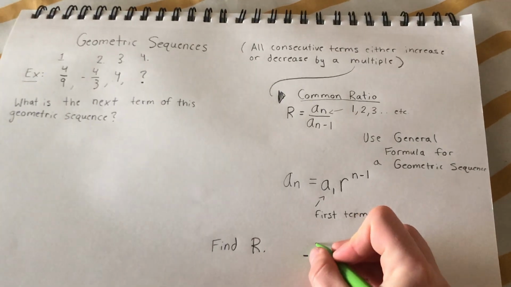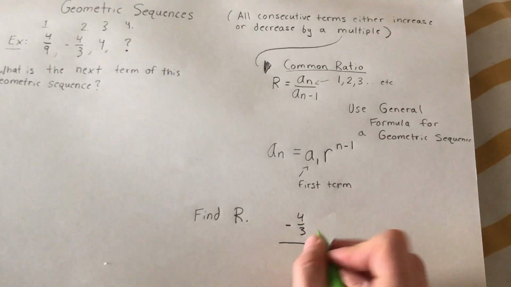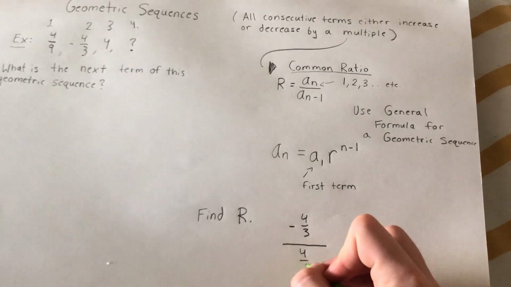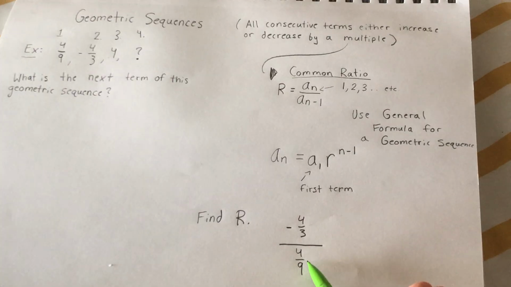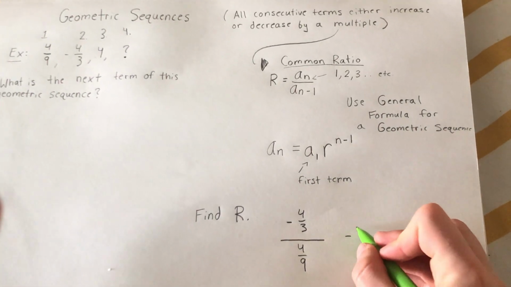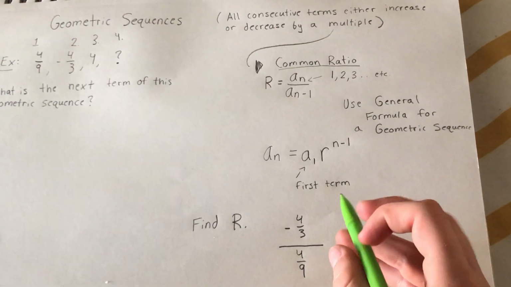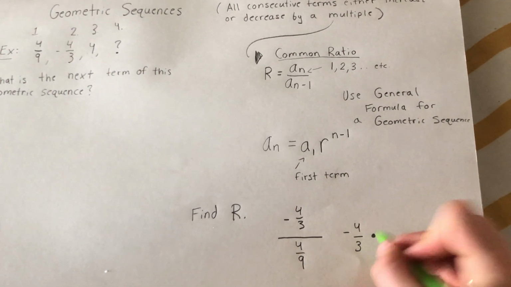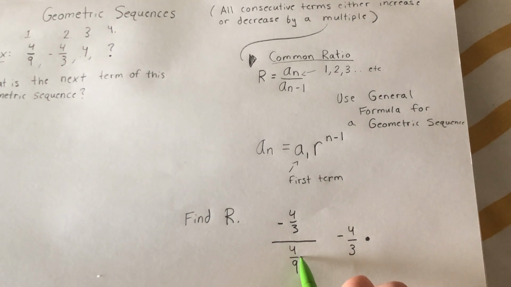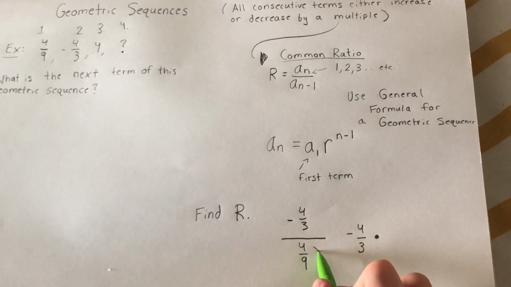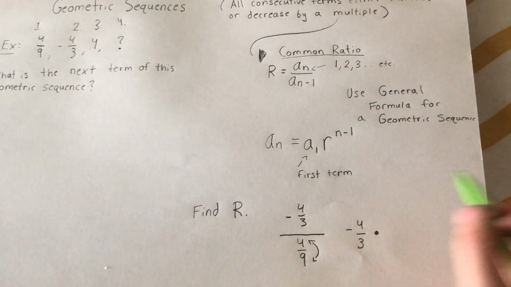So let's take -4 divided by 3, and we're going to divide that by term number 1, 4/9. When you're dividing a fraction by another fraction, you're going to take the first one, -4 divided by 3, and then multiply it by this fraction, but you're actually going to flip the numerator and the denominator.